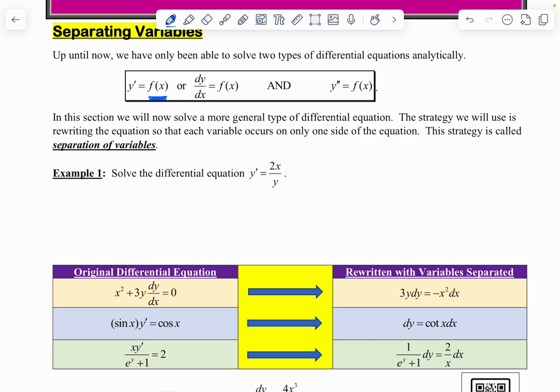So we want to solve the differential equation y prime is equal to 2x over y. Well, dy/dx, or the change in y over the change in x, is equal to 2x over y. What we want to do is get all y's with dy, and anything that has an x with dx.